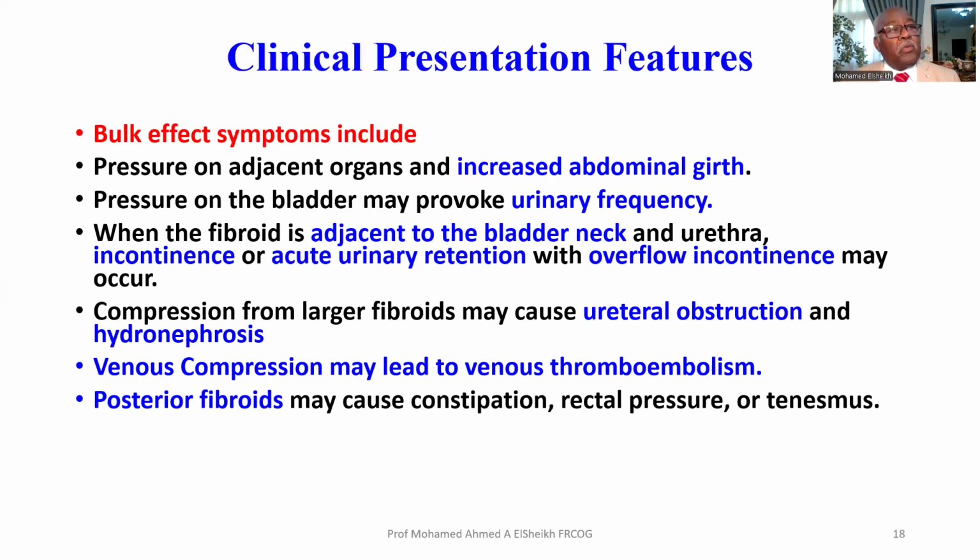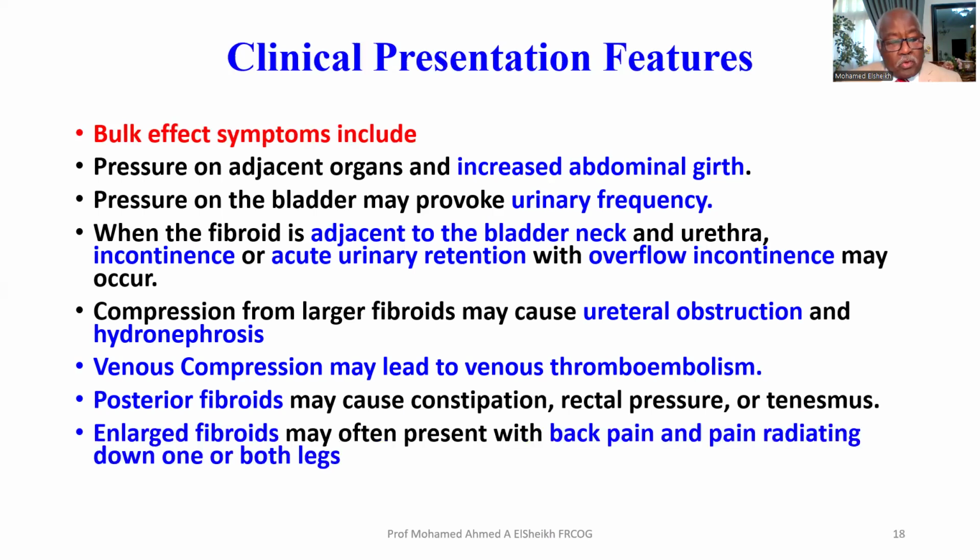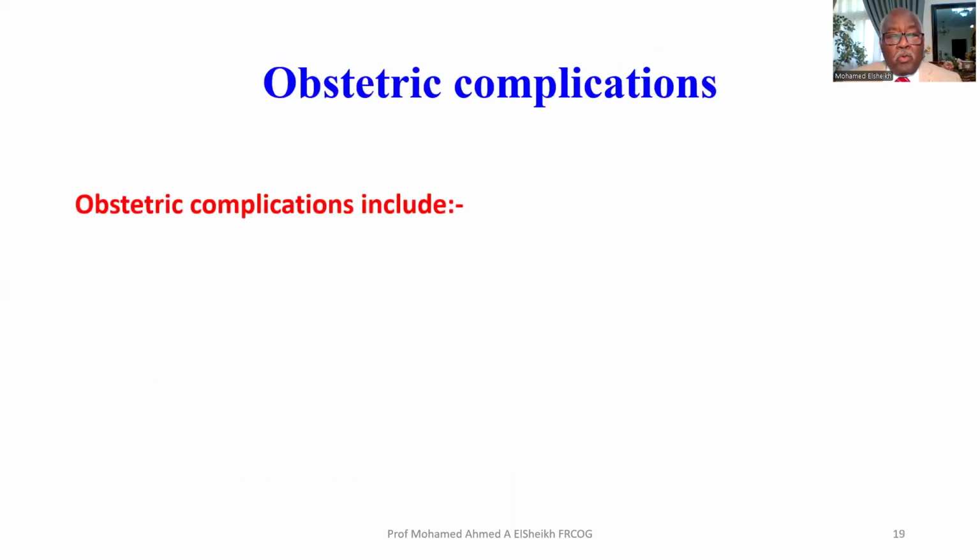Pressure on the lower part of the ureter leads to ureteric obstruction and eventually hydronephrosis. Pressure on the limbs, venous compression, leads to venous thromboembolism. Posterior fibroids cause constipation, rectal pressure, and enlarged fibroids may often present with back pain and pain radiating down one or both legs. So this is, in short, the clinical presentation of the fibroids.